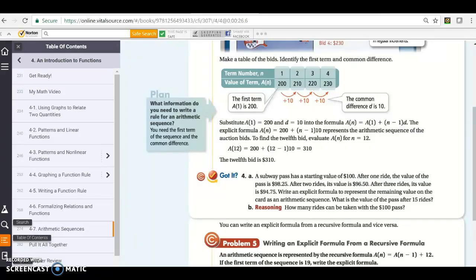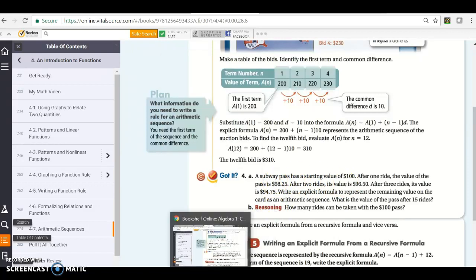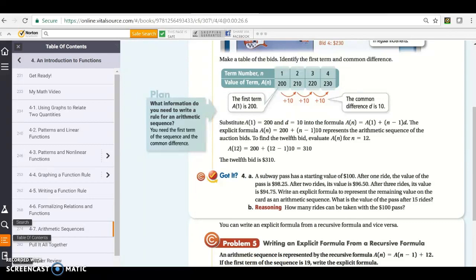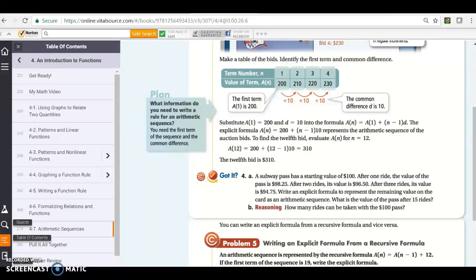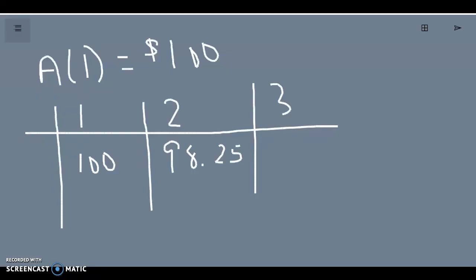This is actually after one ride. Remember, is 98.25. This is after two rides. Remember, we're going to be subtracting one every time. 96 point. That's why I said it's a little tricky. 96.5.